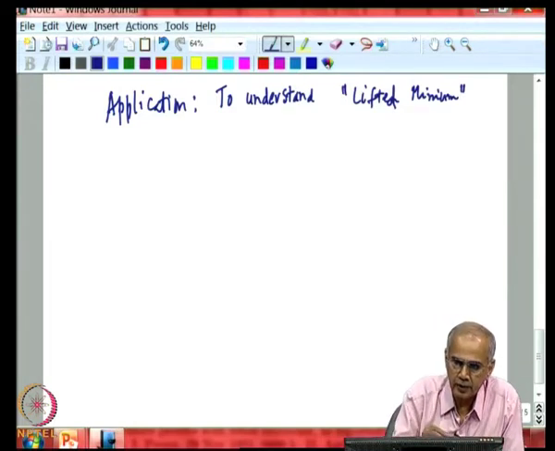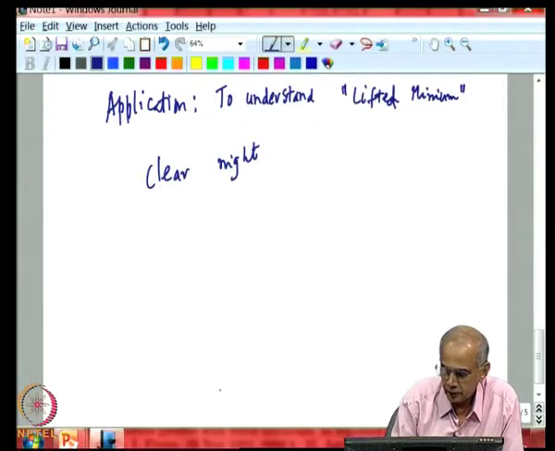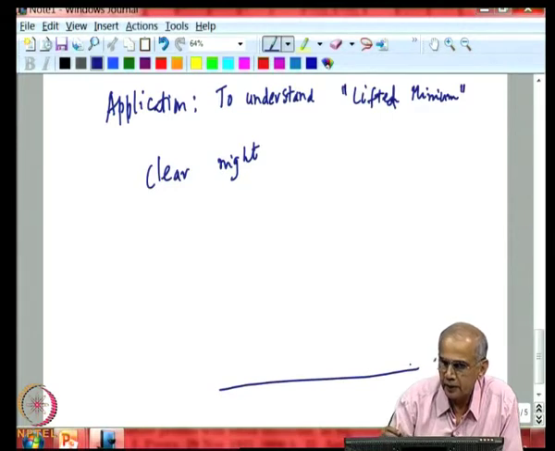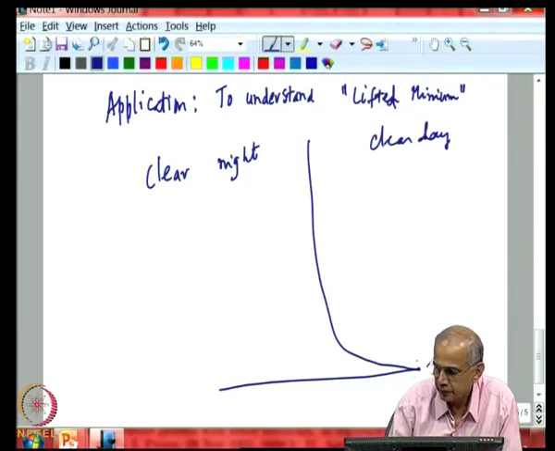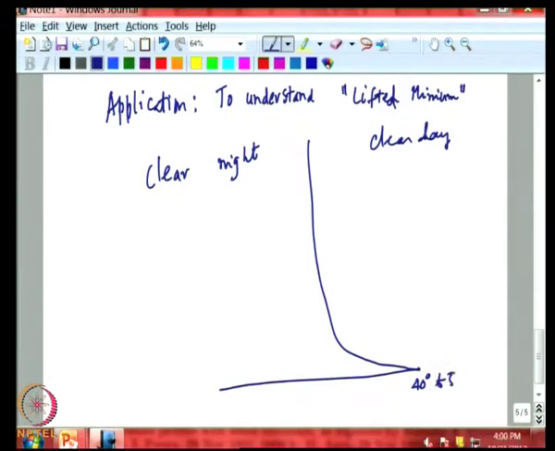Now, let us look at a clear night, when clouds are not present. So, on a clear day, the surface temperature of the earth will reach a very high temperature, maybe 40 or 50 centigrade, and the temperature will fall rapidly with height.